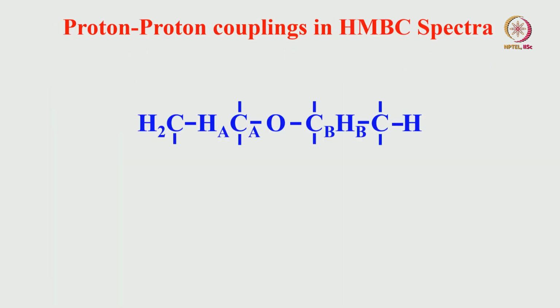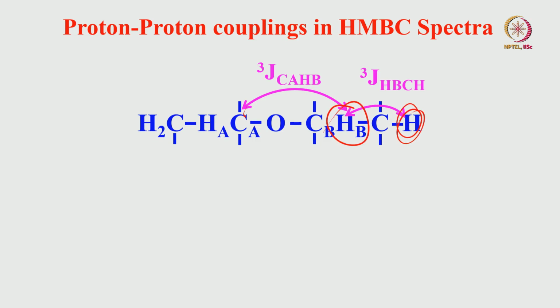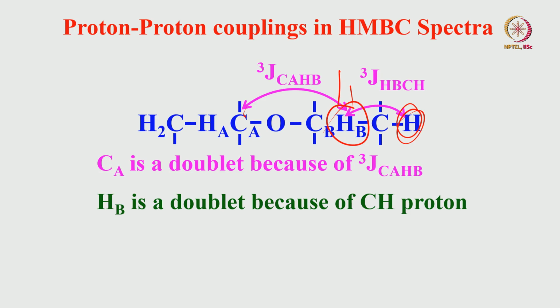Okay, this is decoupled. What happened to proton-proton couplings in HMBC? Can they come? Why not? Exactly similar to what we saw in the HSQC. Ca correlates to Hb. But what is Hb? It is coupled to this. When it is coupled to this, what will happen? It will be a doublet. That will be seen. So Ca is a doublet because of 3 bond coupling with Hb, plus each peak of the doublet is a doublet because of coupling with the CH proton.